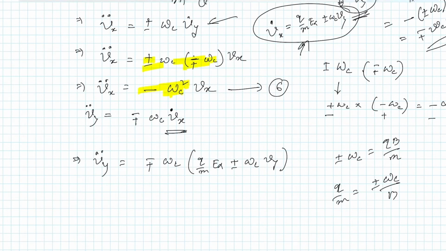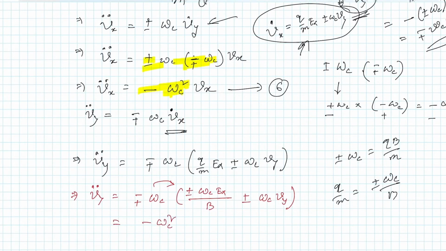So we can write Vy double dot minus plus omega c times plus minus omega c (Ex by B plus minus omega c Vy). Now if you multiply these two terms, we will get minus omega c square.